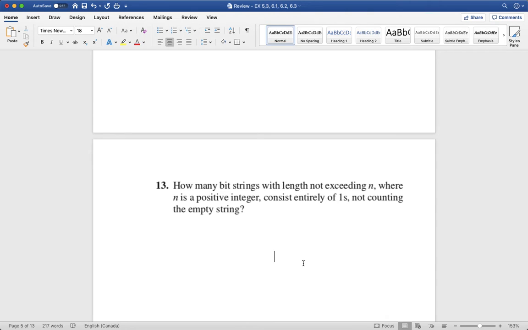So we have to find the bit strings with length not exceeding n, where n is some positive integer, consisting entirely of ones, not counting the empty string. So the answer is n, not counting the empty string. So we have n plus 1 counting the empty string.